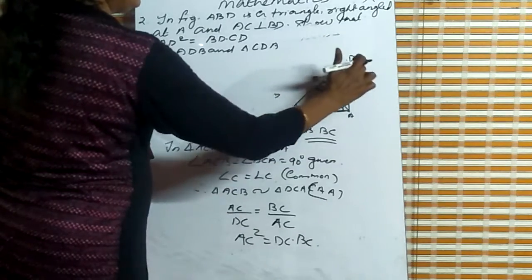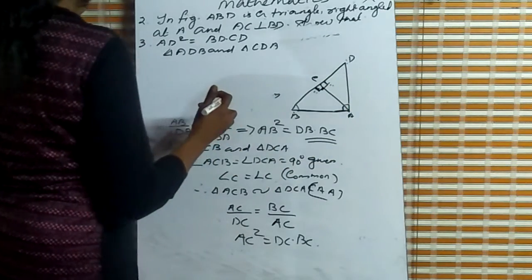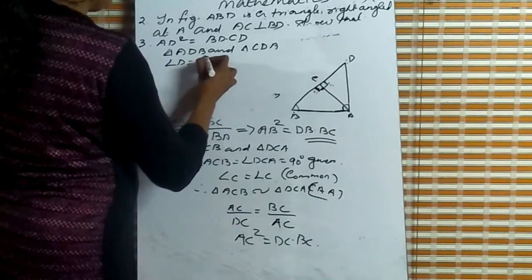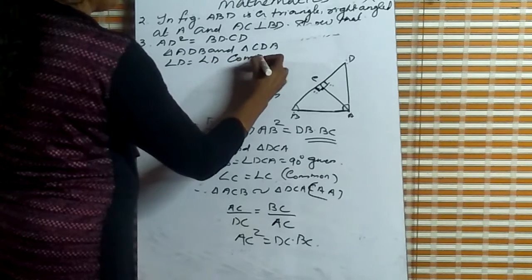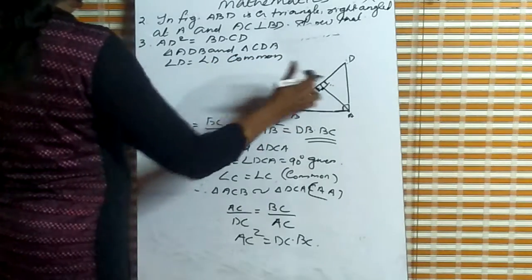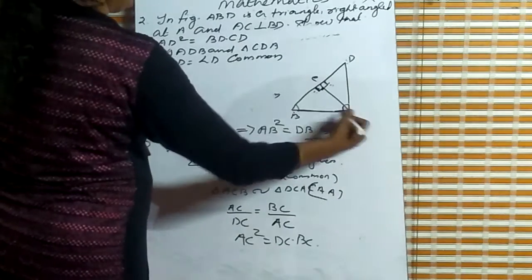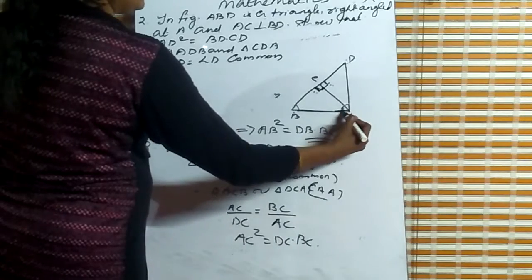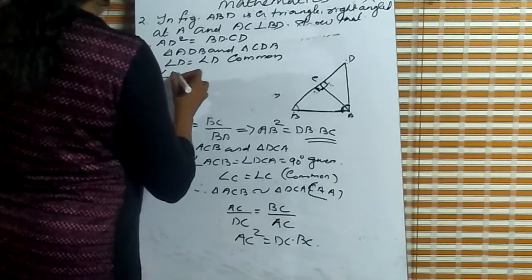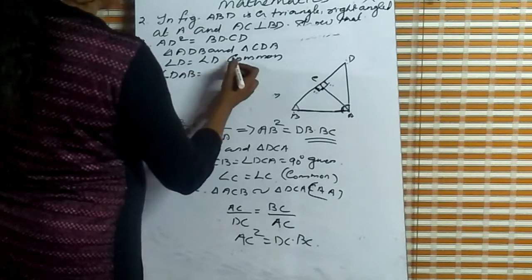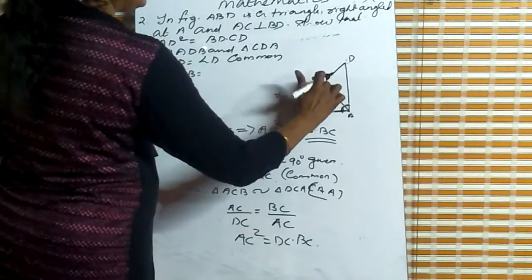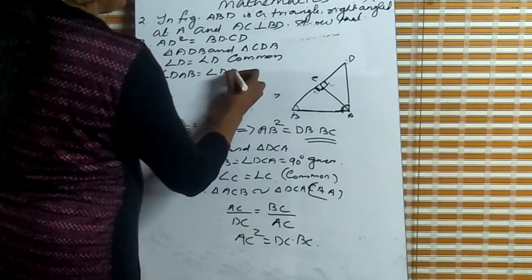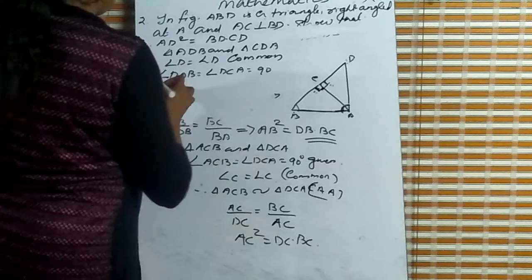Angle D is equal to angle D, common. Next, 90 degrees: for ADB, angle DAB is 90, and for triangle CDA, angle DCA is equal to 90.